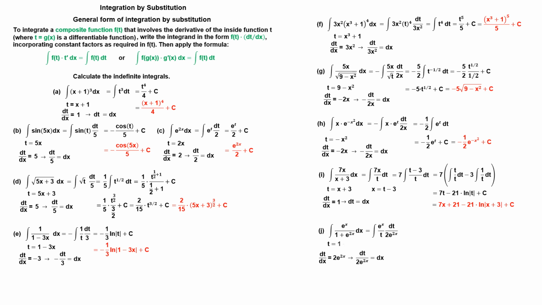This means we chose our t incorrectly. We will try another substitution. We rewrite the integral as follows. We make the substitution t equal to the natural exponential function only. We now can eliminate the remaining x from our integral and perform the integration. Pay attention.